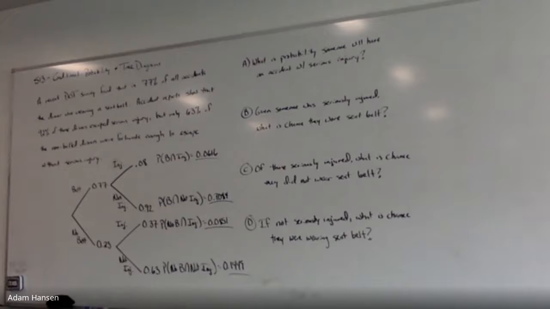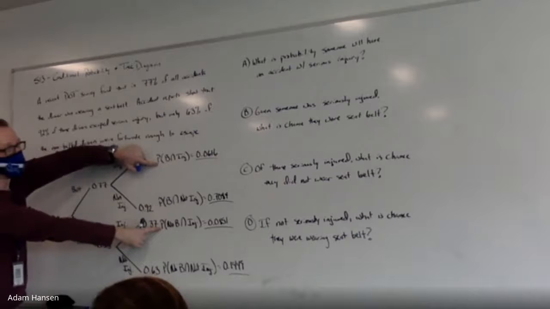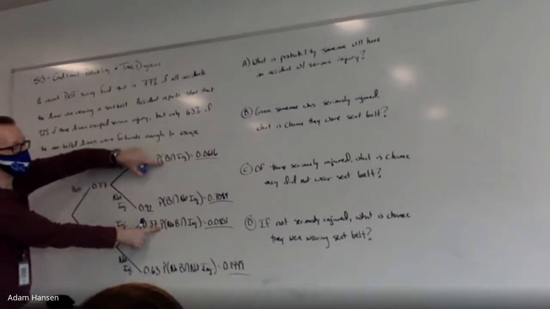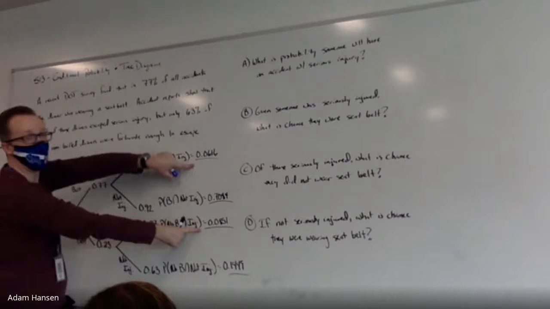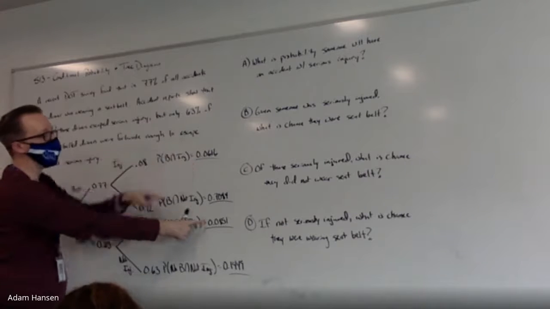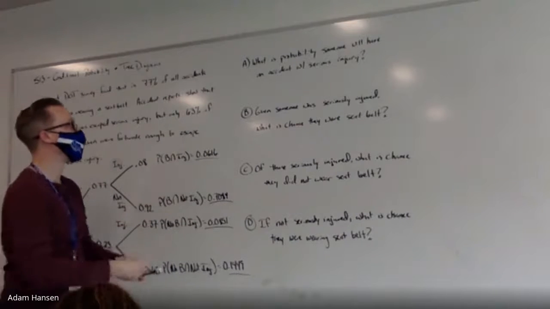If you have an accident with a serious injury, couldn't you either be wearing a belt or not wearing a belt? So which two probabilities do I have to add up together? These two here. You're injured while wearing a belt. You're seriously injured while not wearing a belt. So it's the sum of these two outcomes from the tree diagram. 6.16% plus 8.51%.